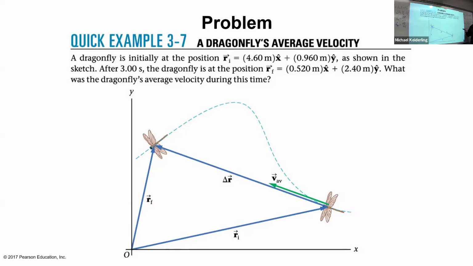So what is the dragonfly's average velocity during this time? The dragonfly is moving from initial position to final position. Delta r will be final position minus initial position. And average velocity will be delta r over delta t.